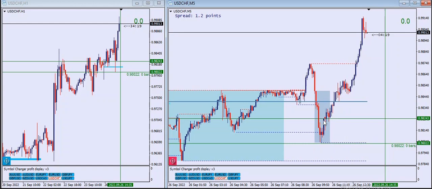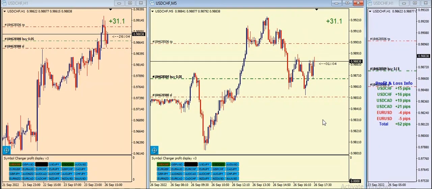I saw this nice bullish move, then I took my entry. I will also be waiting for a low to be taken out. Price takes out that low and pulls up immediately. Once I see this engulfing pattern, I take my entry. So that was that for USD CHF during the London session on Monday.